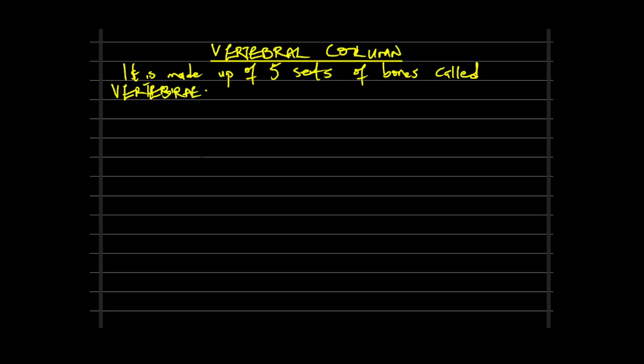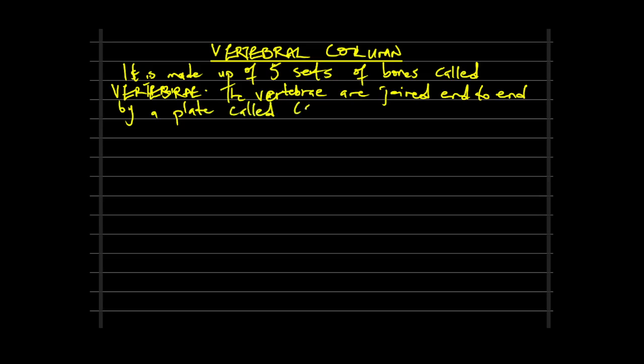Called the vertebrae. They make up the vertebral column. And between these, the vertebrae are joined end to end by a plate called the cartilage.